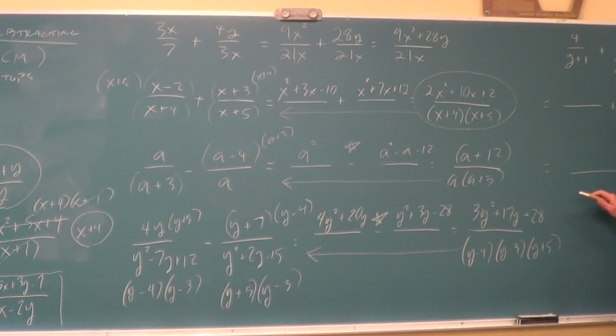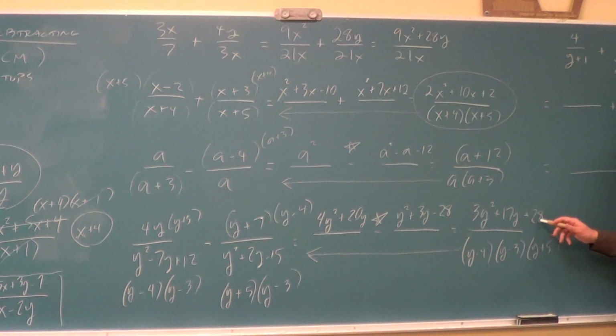And then I'd think for a minute if I'd be able to cancel, but first I'd have to be able to factor. Is there any chance that this is going to be a factor with 28? No, because 5 can't go into 28.